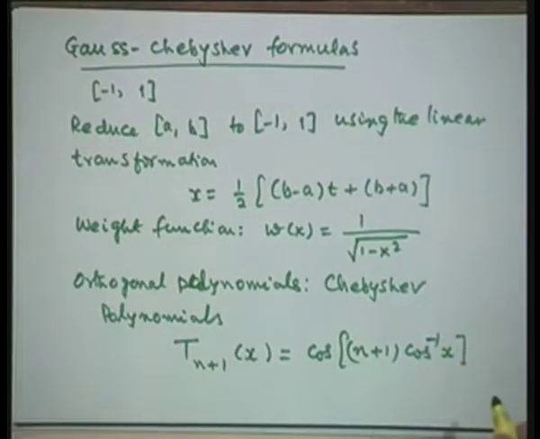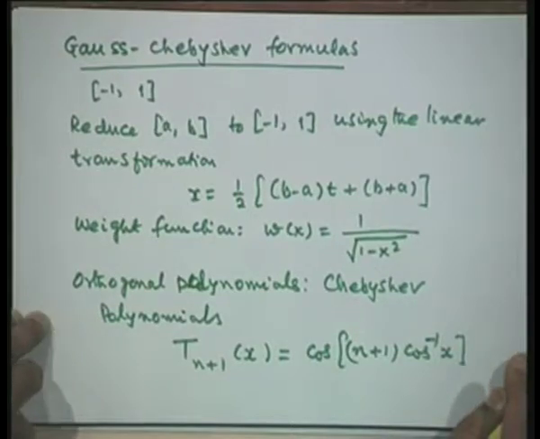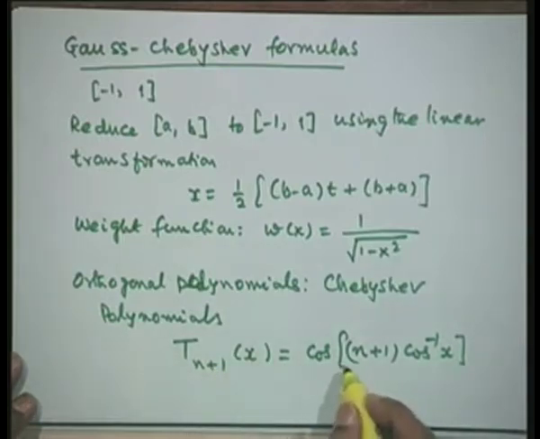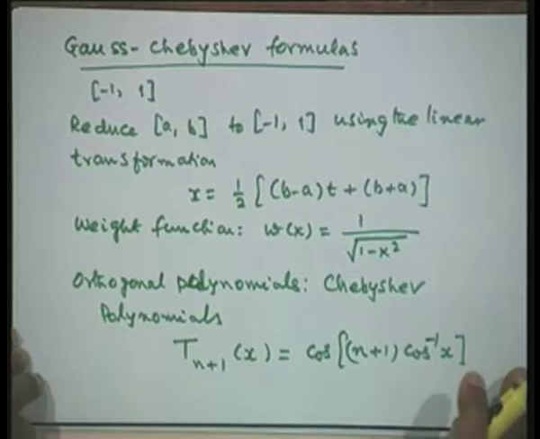While discussing approximation, we have taken the properties of the Legendre polynomials and the Chebyshev polynomials also, and the Chebyshev polynomial is defined as T n plus 1 of x is cos of (n plus 1) cos inverse x.